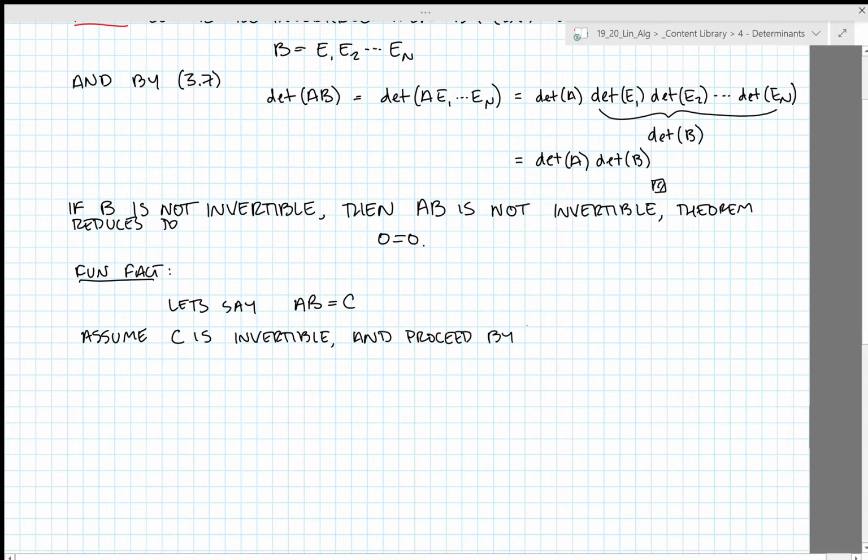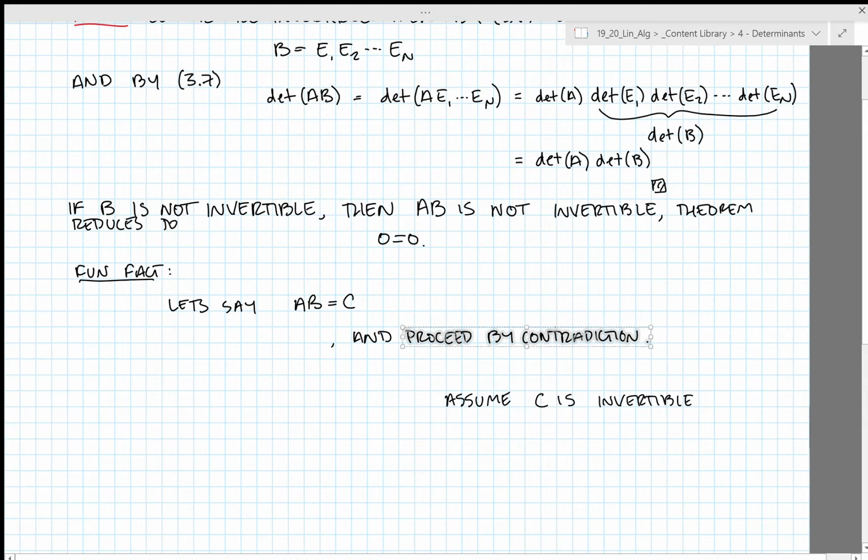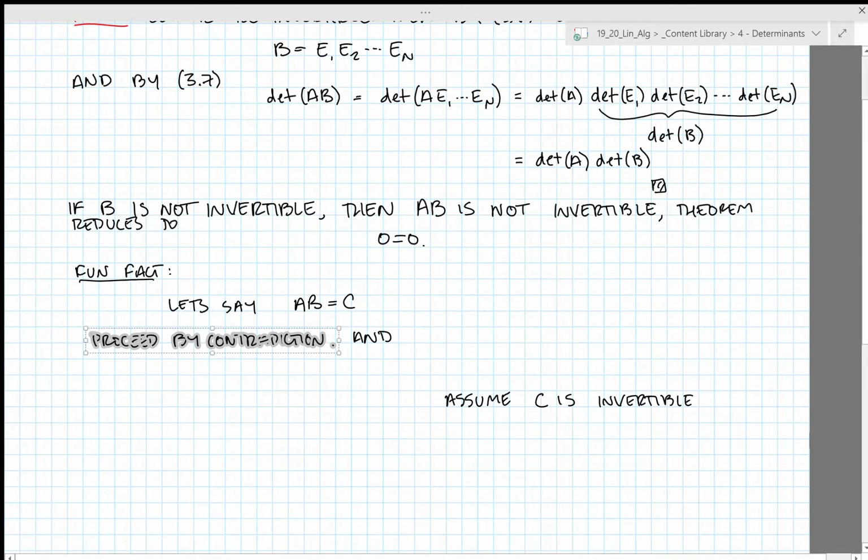We're going to proceed by contradiction and assume C is invertible. Sorry, this is going to be annoying for anybody who's writing it on paper. Really making a mess of this one. Okay, so I'm going to proceed by contradiction and assume C is invertible.